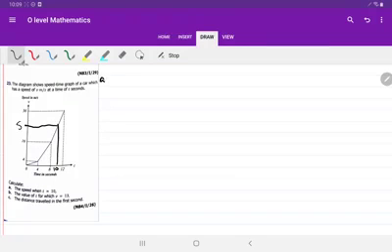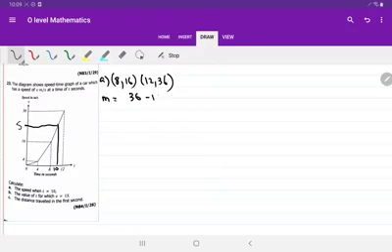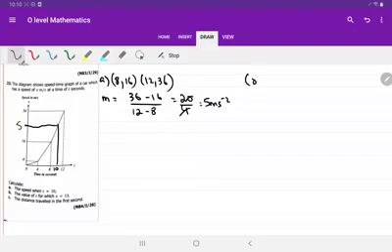So first we need to find the gradient of the last part of the journey, that is 8,16, 12,36. The gradient is 36 minus 16 upon 12 minus 8, that is 20 upon 4, that is 5 meters per second square. So 8,16, 10, s will have the same gradient of 5 meters per second square.